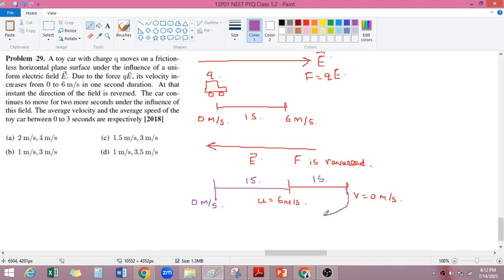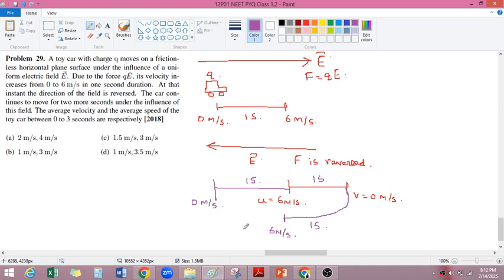And after reaching here, it will start coming back. They said it is 1 more second, right? 3 seconds means 1 second here, 1 second here, and 1 more second here. Which means again it will start moving at the velocity of 6 meter per second here.